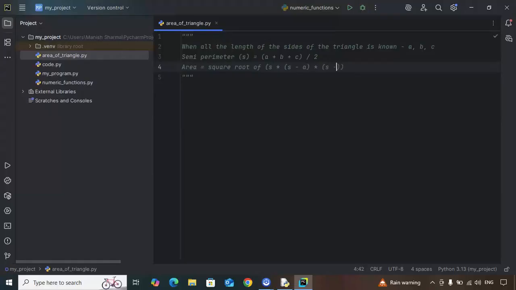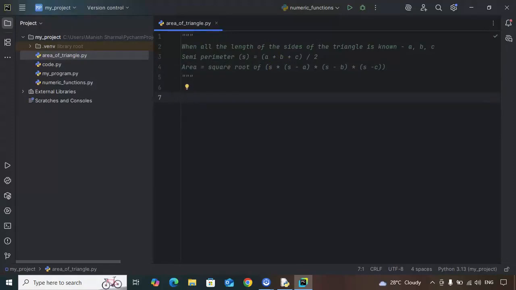Meanwhile, think, how can we write it using Python? This square root, this formula, S minus C. Can you think of it? So let's write.